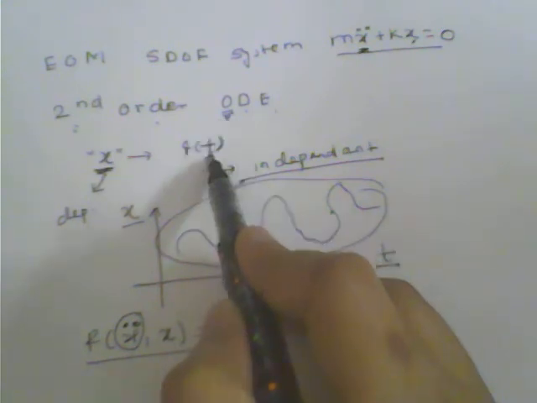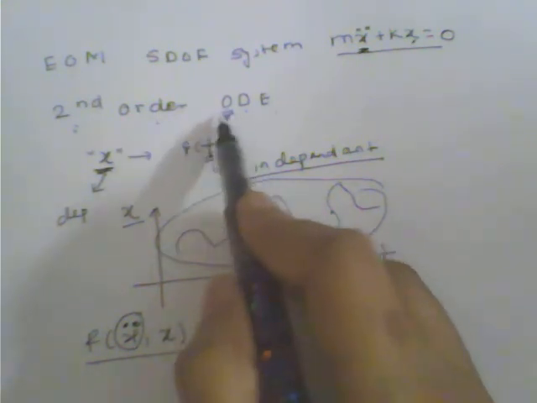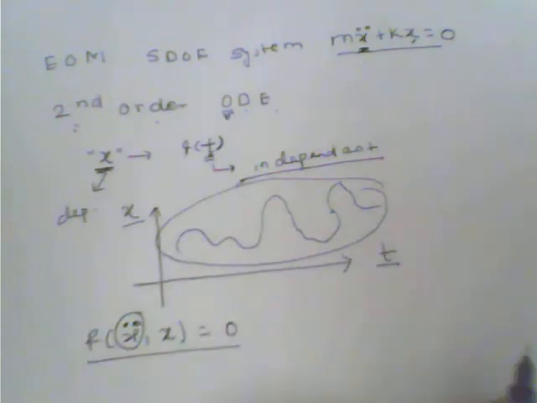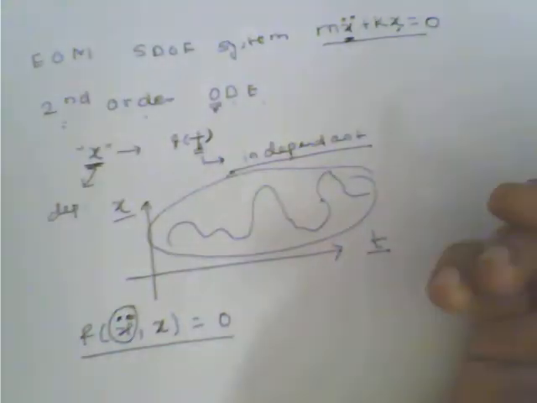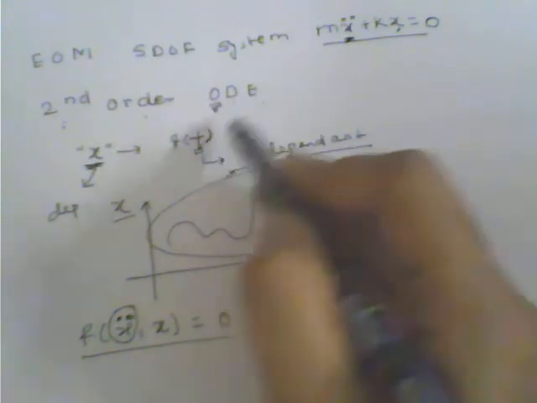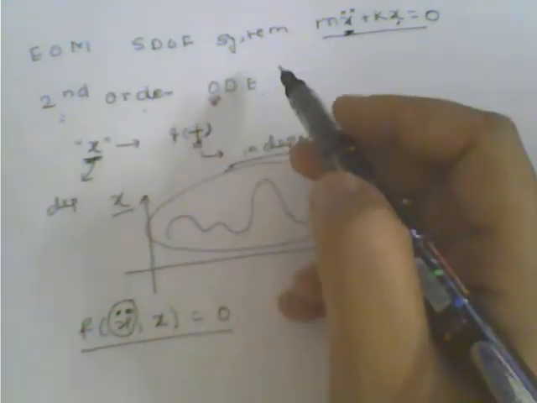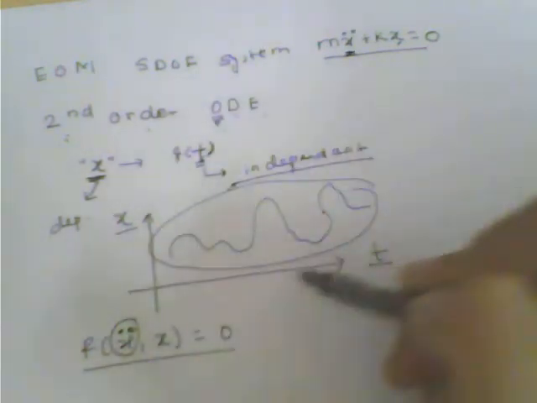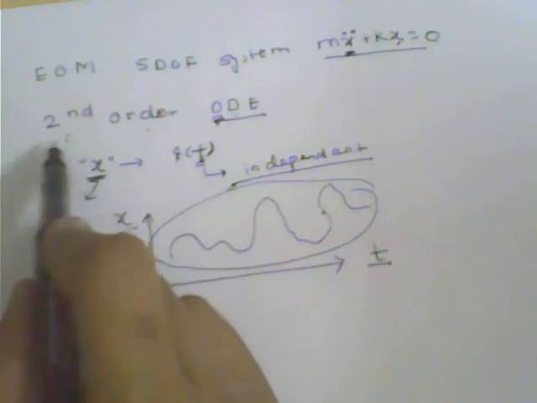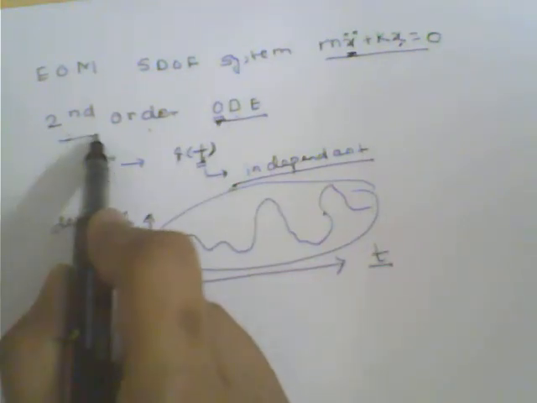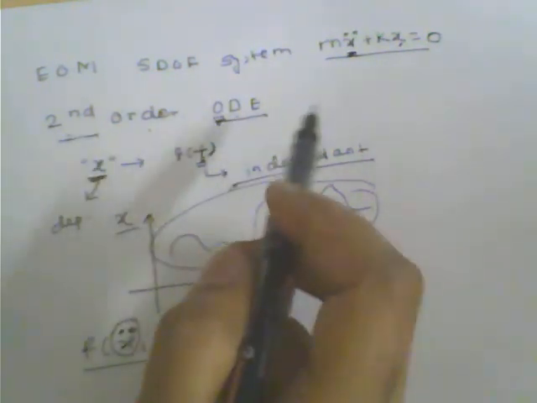Had it depended on some other variable, let's say a spatial coordinate, the equation would have been a partial differential equation. But in this case, our equation is a second order ordinary differential equation.